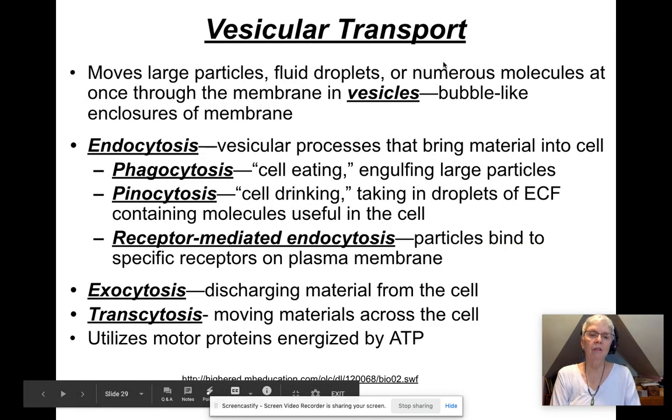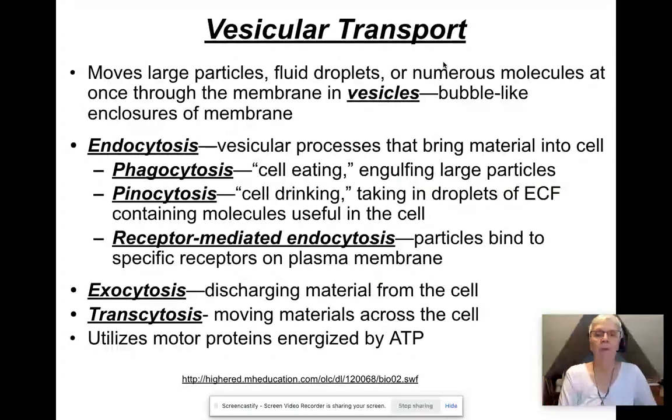All right, let's look at vesicular transports. So vesicles are just little bubble-like enclosures of the membrane, and they carry things back and forth across the cell membrane. Endocytosis is when you're bringing things into the cell, and there are 3 types. There's phagocytosis, which means you're bringing in large particles.